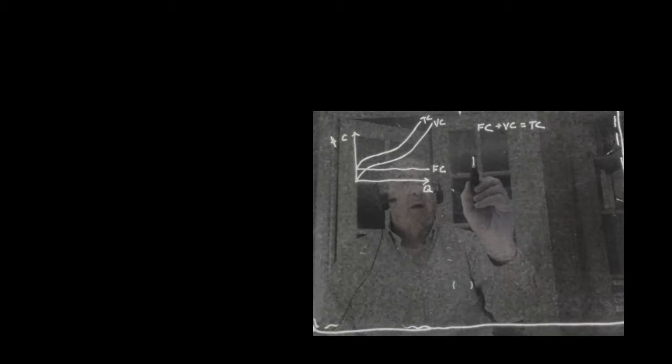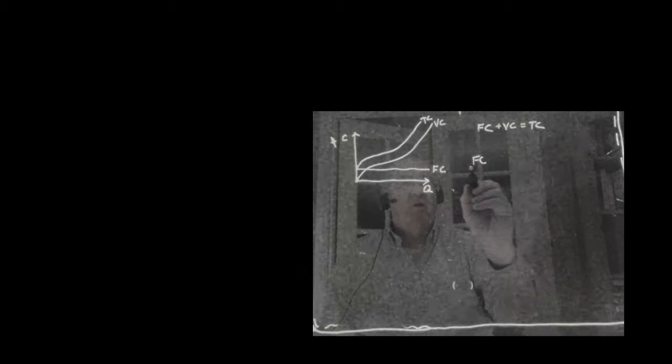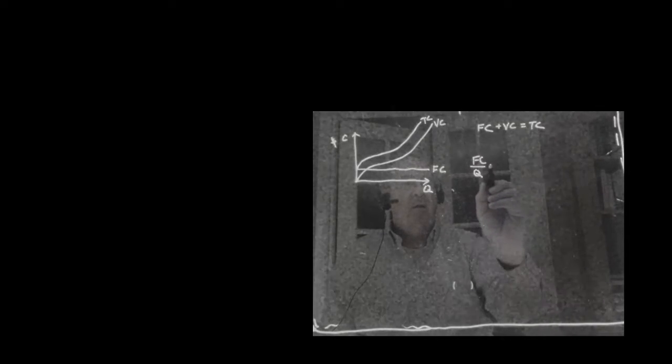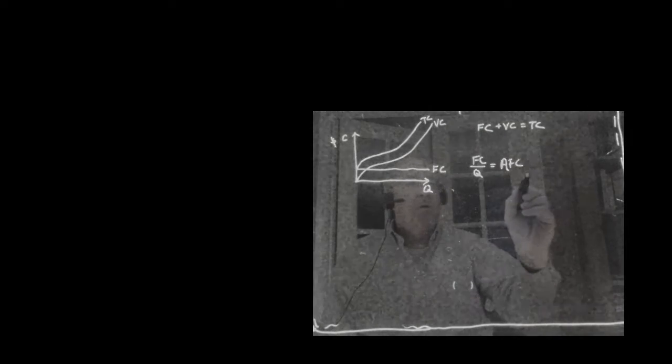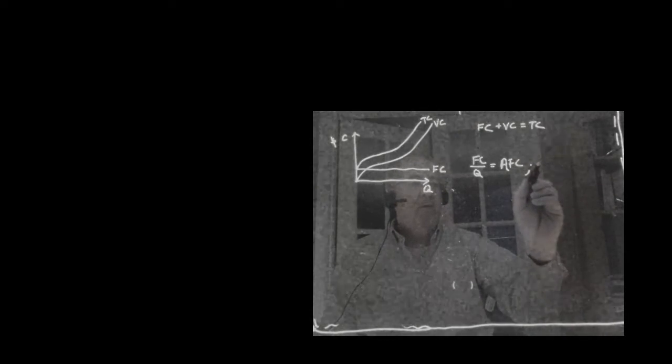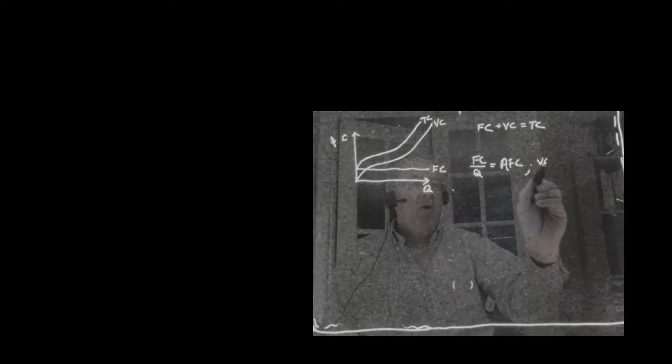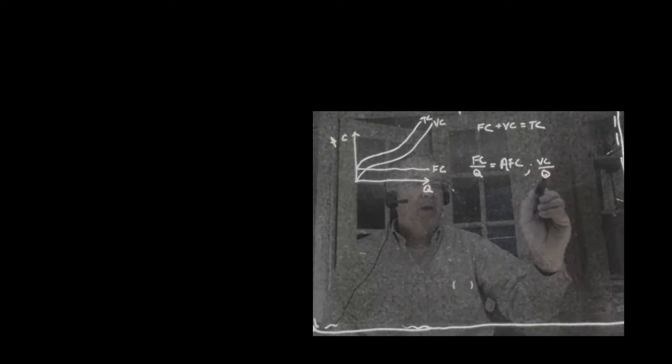The analytical benefit comes in the average cost. So if we take the cost of production per unit, the average fixed cost is fixed cost divided by Q. The average variable cost is the variable cost divided by Q, the amount you produce.